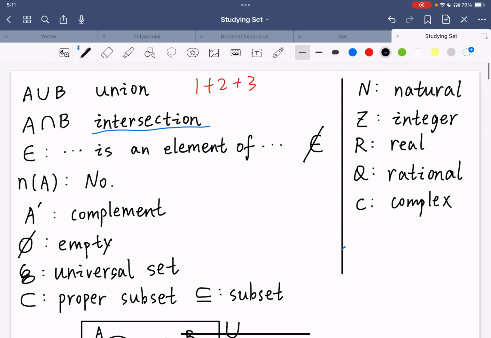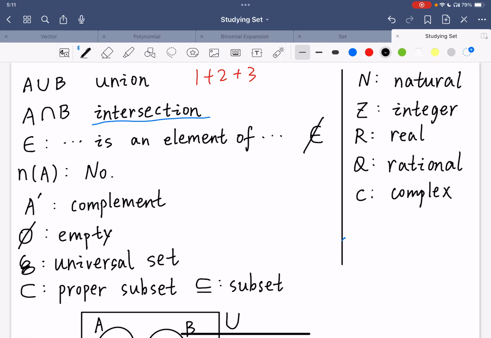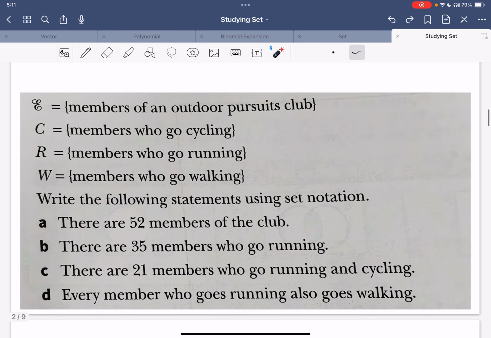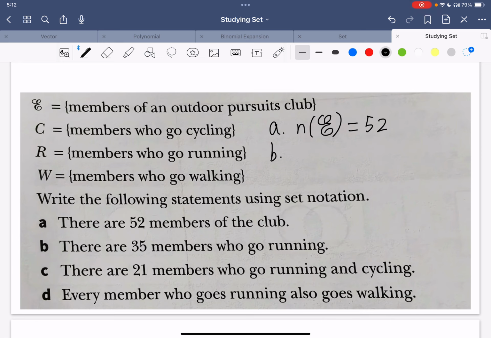When talking about the number, we need to use this one, remember? So for question A, the number of the universal set is equal to 52. Simply as that.